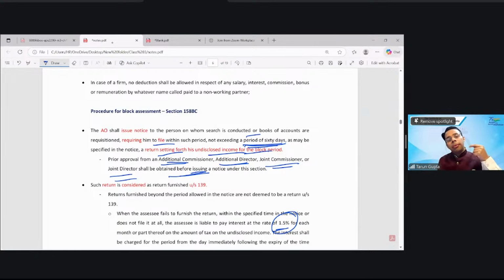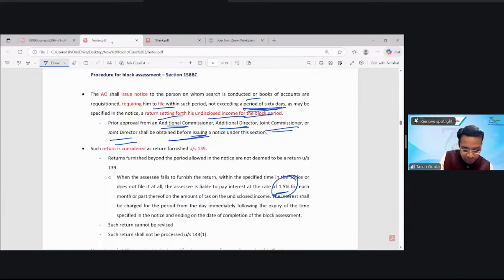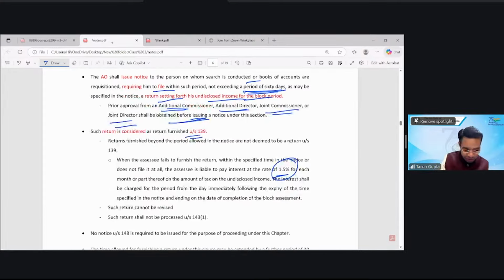So at the time of issue of this notice, and also at the time of passing the assessment order, the AO will need the approval of these authorities, which is additional and joint, as the case may be. Such return is considered as a return under section 139. However, such return cannot be revised. Such return shall not be processed. Logical. Returns furnished beyond the period allowed are not deemed to be returns under section 139.